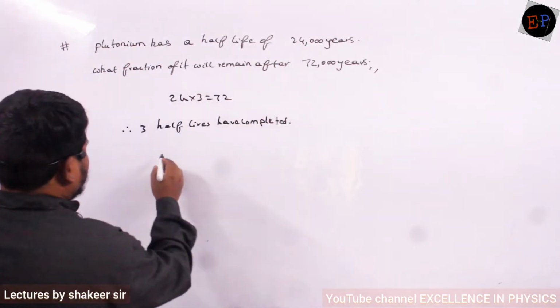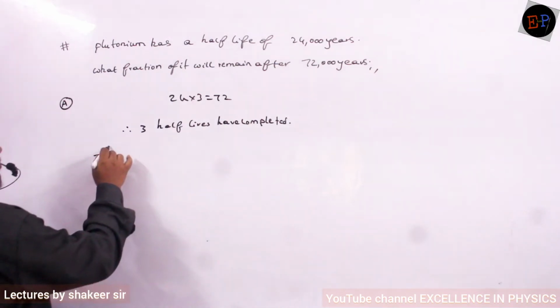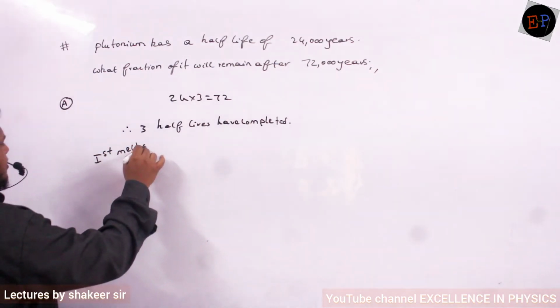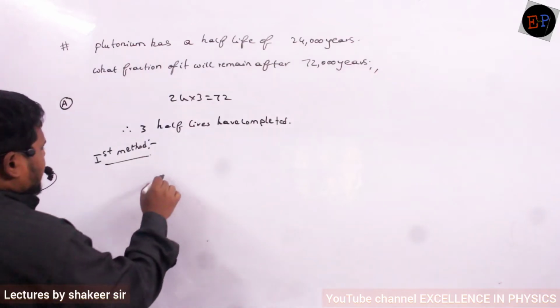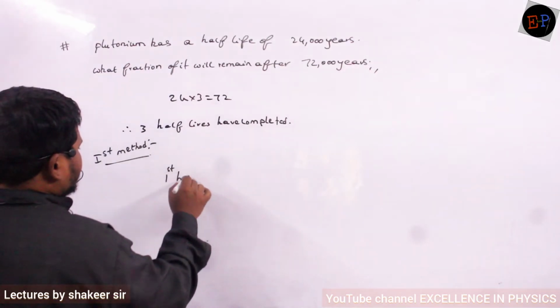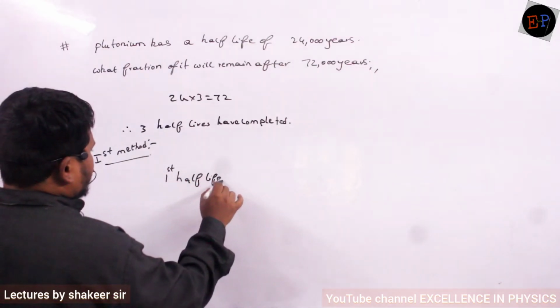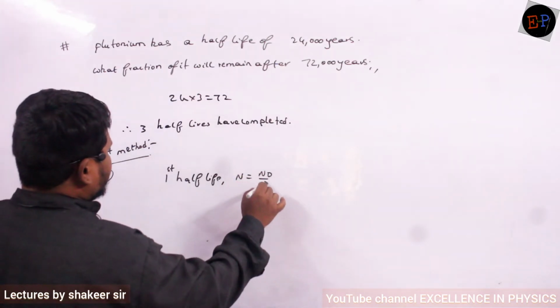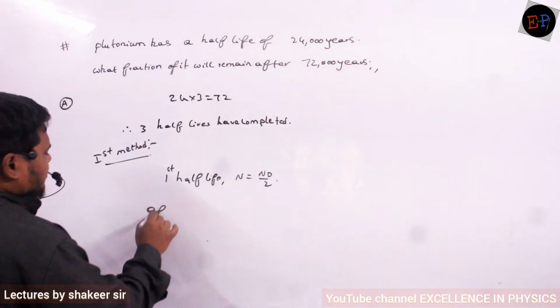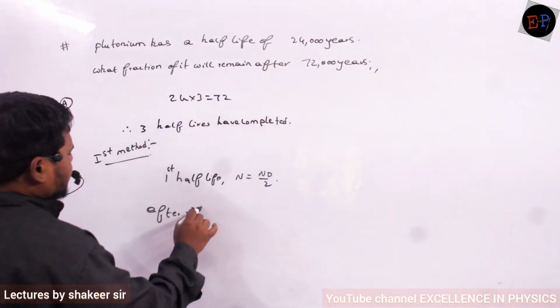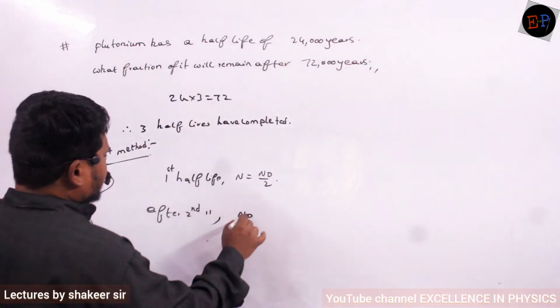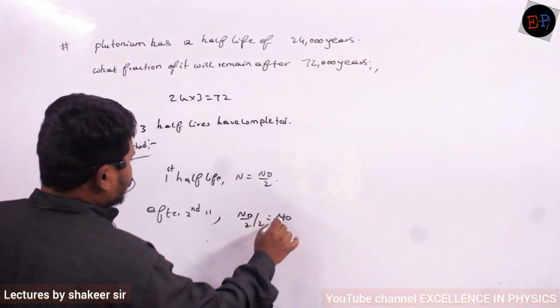So therefore, if I write the general method of solving, the first method of solving. After 1 half-life, the first half-life, how many atoms will be there? N naught divided by 2. Clear? After the second half-life, n naught by 2 divided by 2, n naught by 4.